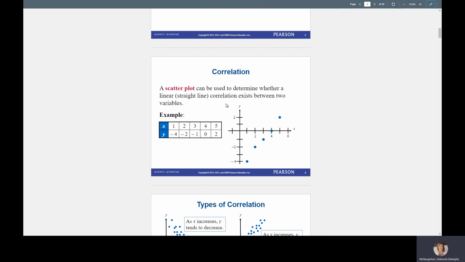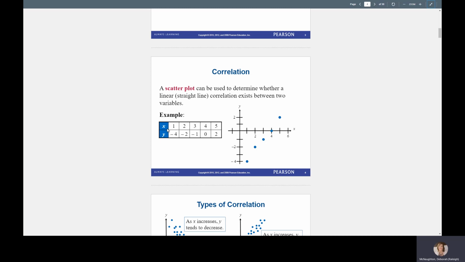And we can use a scatter plot to determine whether a linear or a straight line correlation exists between two variables. In this class, we only look at straight line correlations, linear correlations.